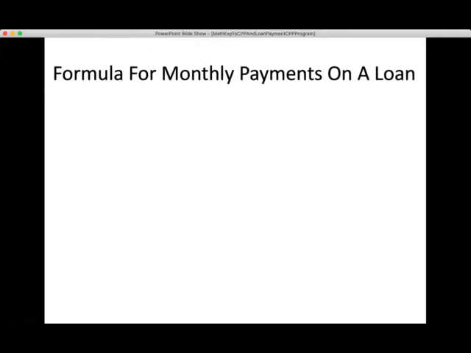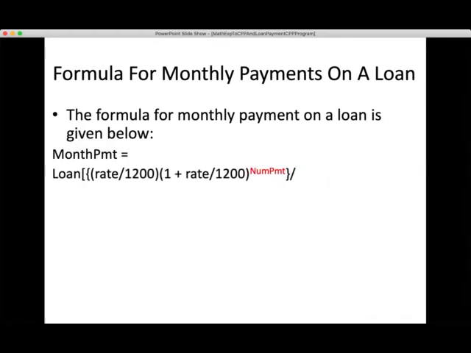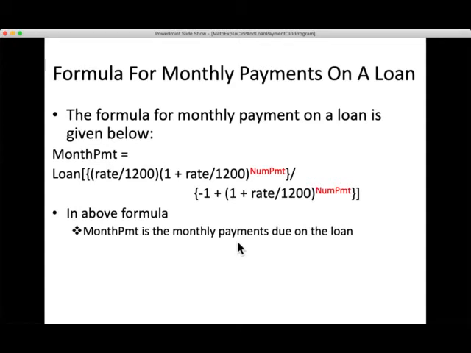So here's the formula. Let's look at this formula. Month PMT is the monthly payment due on the loan. So that's the computation that you need. Loan is the original loan taken.